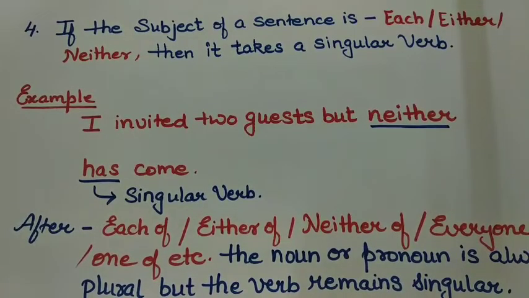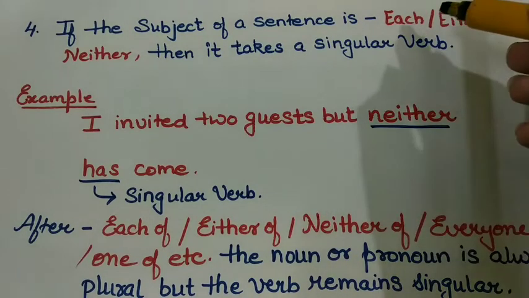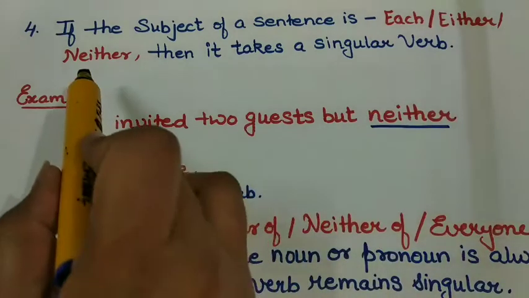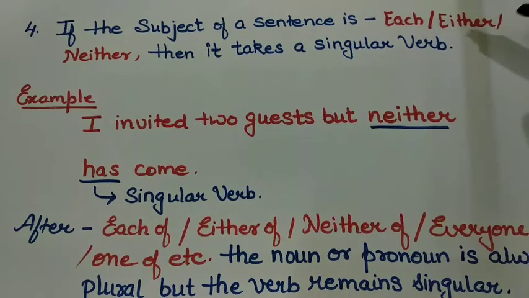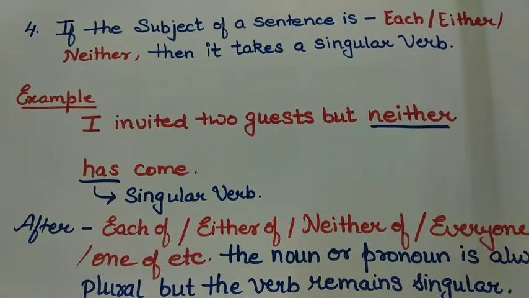Moving on to the next one. The next rule says if the subject of a sentence is each, either, neither, then it takes a singular verb. Means when we use these words like each, either, neither, we are talking about every single or every individual person or something like that.